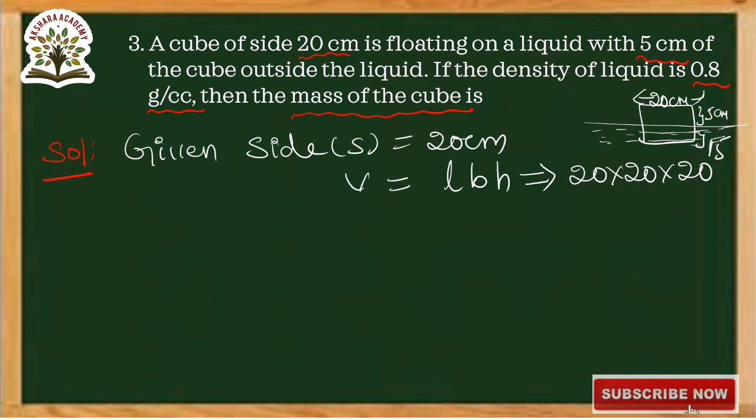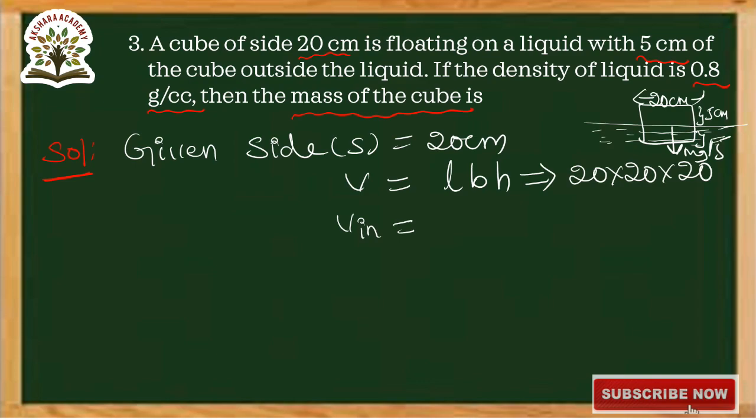One force acts downwards, that is mg, and one force acts vertically upward, that is the buoyant force. Next we calculate V inside, nothing but the 15 centimeters inside.